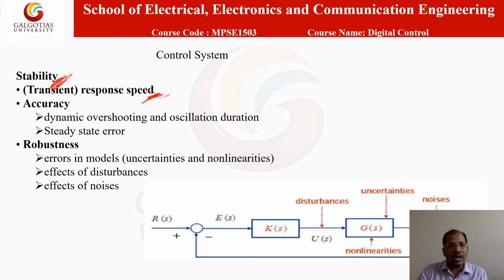Second is accuracy. The responses the system gives should be accurate. This includes dynamic overshoot, oscillation, duration, and steady state errors.